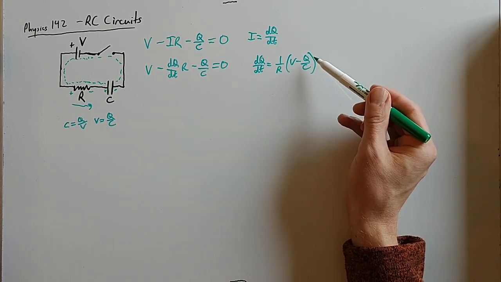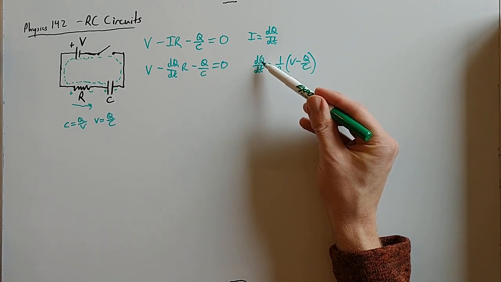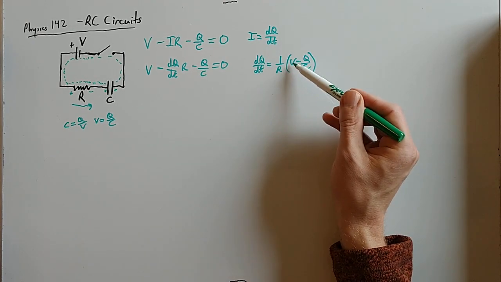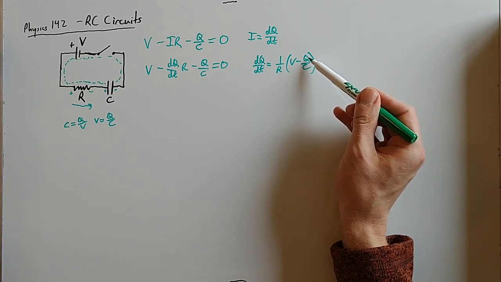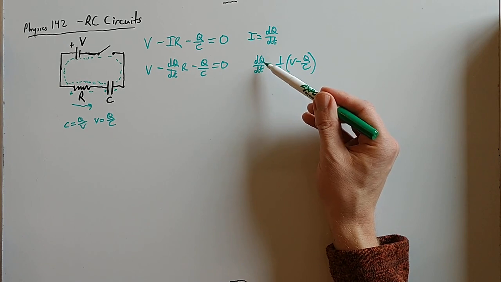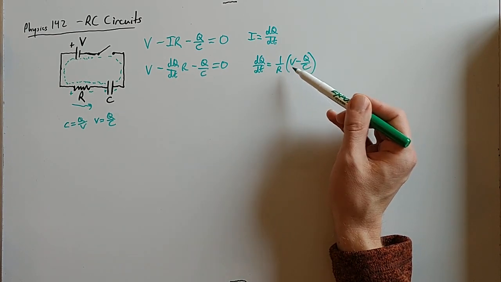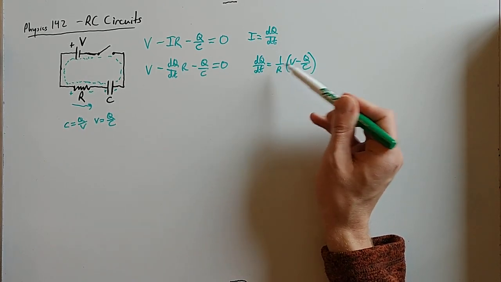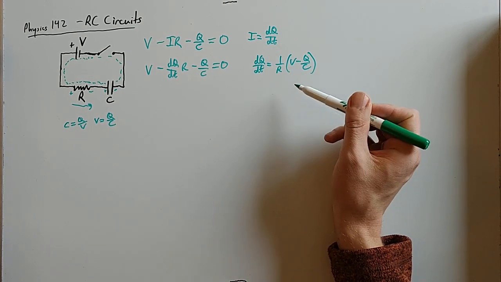We need a function where when we take its derivative, we get the same thing back, and that's going to be some sort of exponential function. When you take a derivative of an exponential, it gives you back what you started.